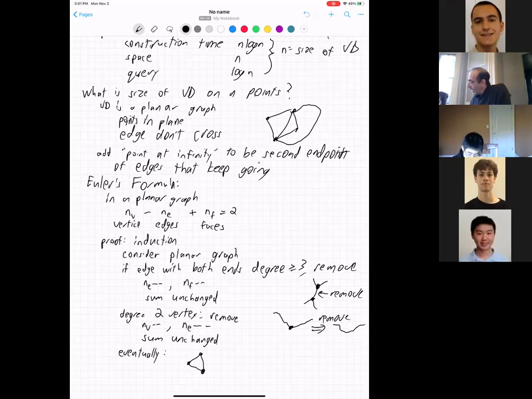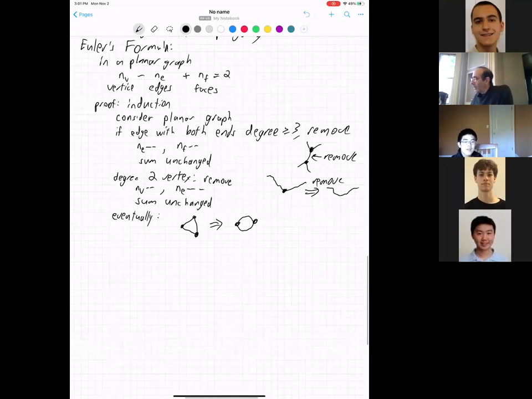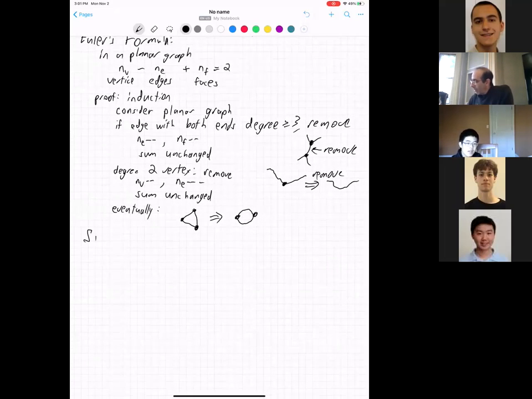I can shortcut that triangle into a pair of vertices that are connected by 2 parallel edges using the degree 2 vertex trick. And now it's just by inspection: I have 2 faces, 2 edges, and 2 vertices, so the sum works. Is everybody happy with this proof of Euler's formula? Now I'm going to use it to analyze the size of the Voronoi diagram.